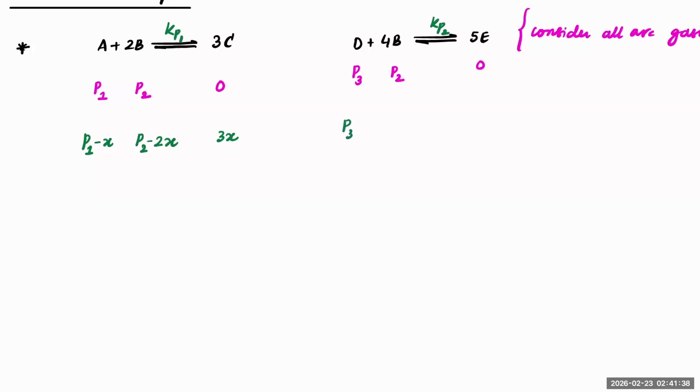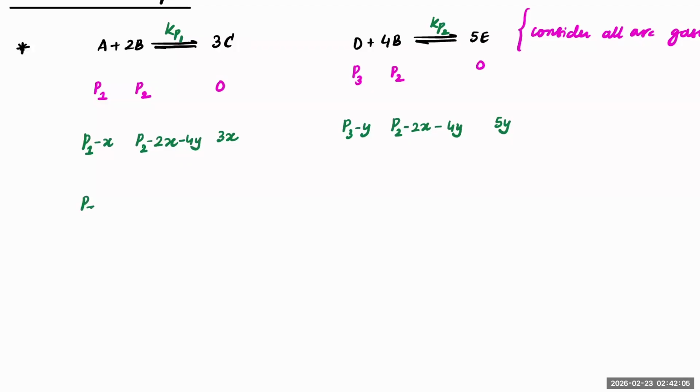Similarly, for P3, if some Y amount is lost, then out of P2, already 2X was lost. On top of that, you are now losing 4Y also to produce 5Y. Because you have shown the loss of pressure 2X here, the same thing you have to show here also, so minus 4Y.